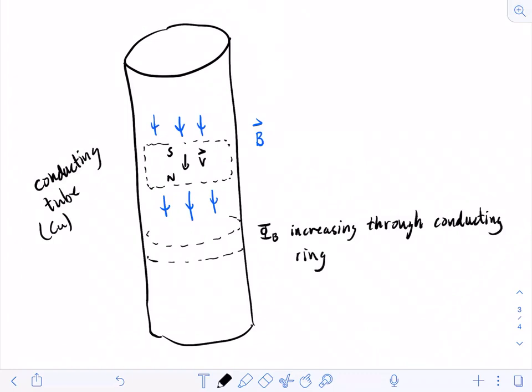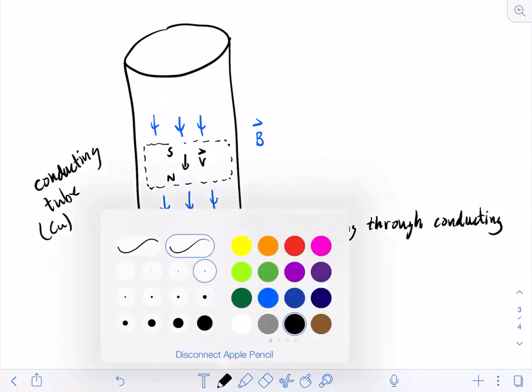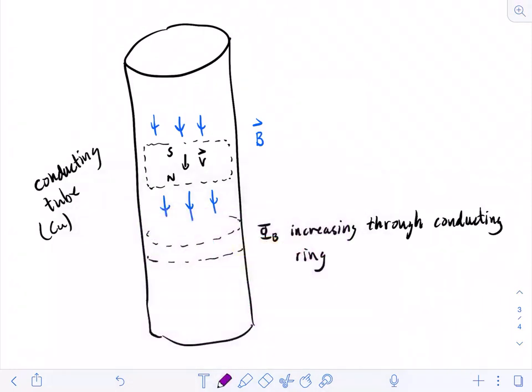If the magnetic flux through that conducting ring is increasing, then what we get is a B induced that opposes that change. And how does it oppose that change? It creates a current, I induced, by the right-hand rule that flows in the direction that has been indicated there.